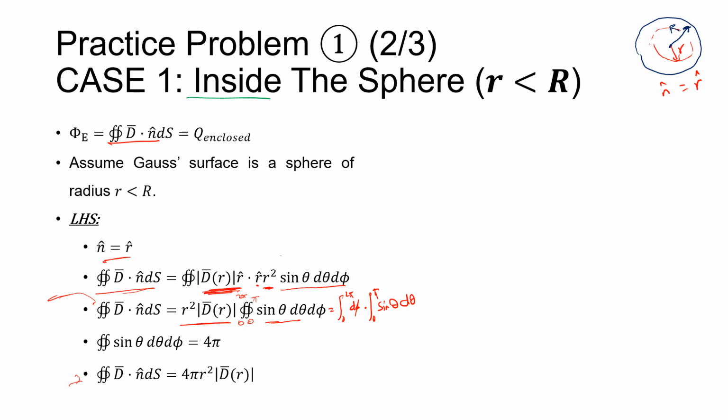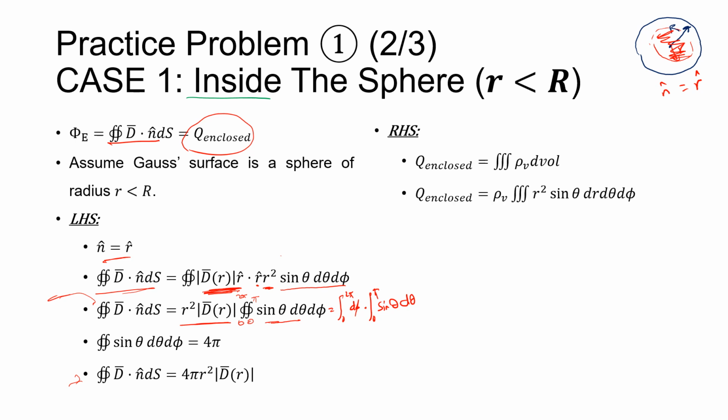Now we move to the right hand side, Q enclosed. Q enclosed is simply the integration of whatever charge is inside this surface. So we need to define our integration. We have from 0 to r, from 0 to pi, and from 0 to 2 pi, and rho v outside, because we're informed that this is a uniform charge.